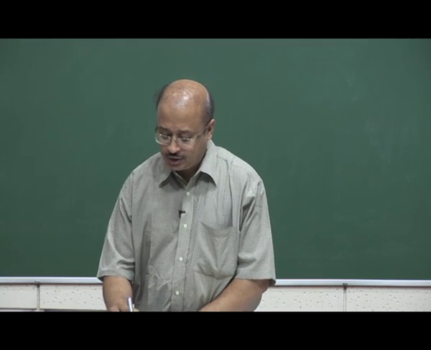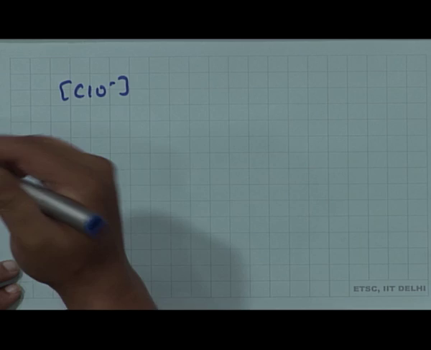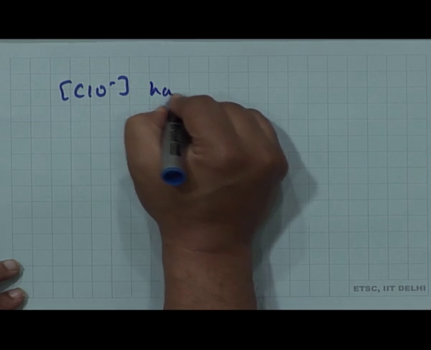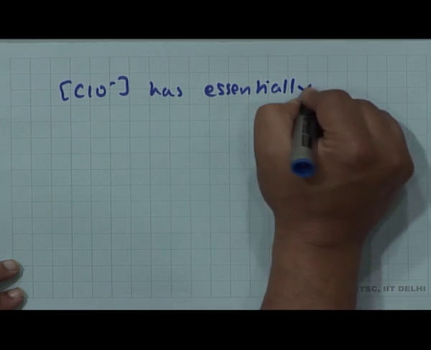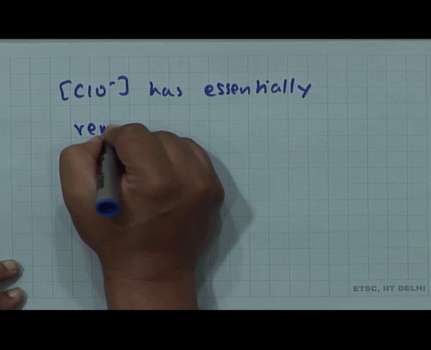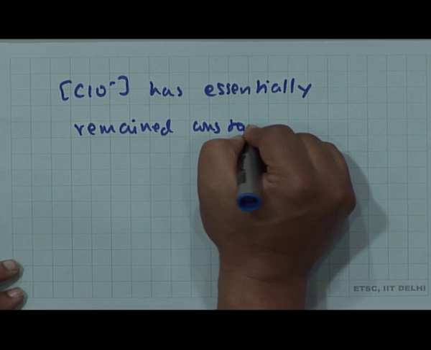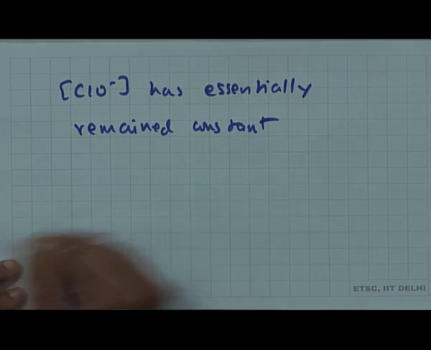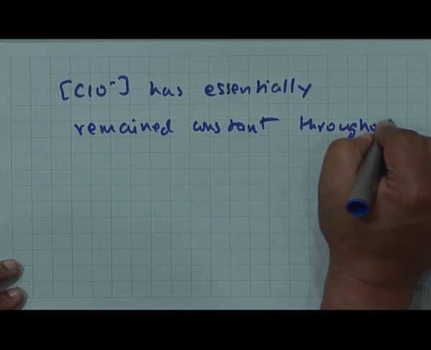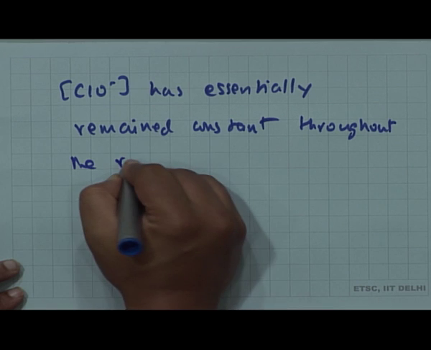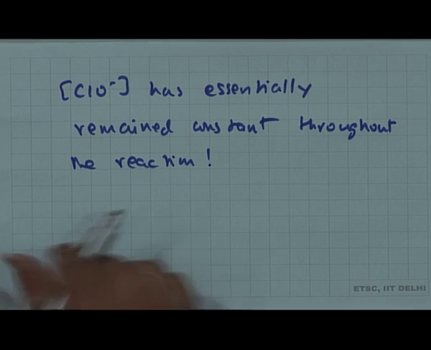ClO minus, the concentration, this was in excess, has essentially remained constant throughout the reaction.